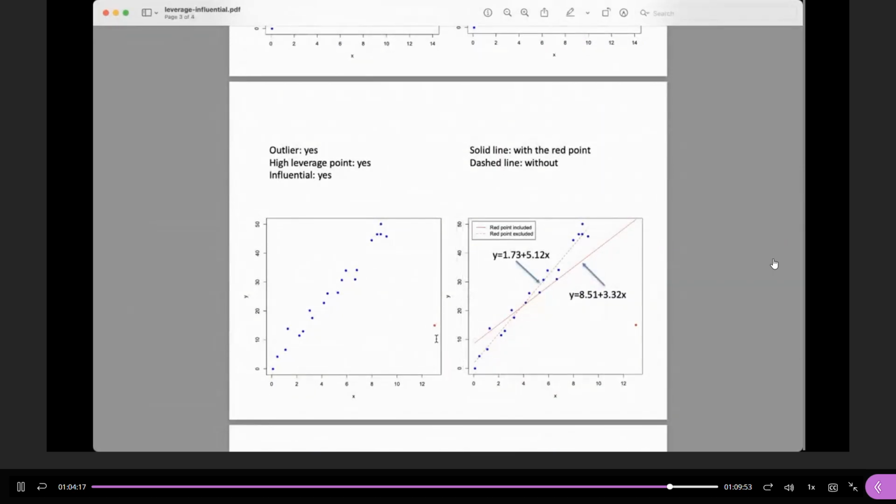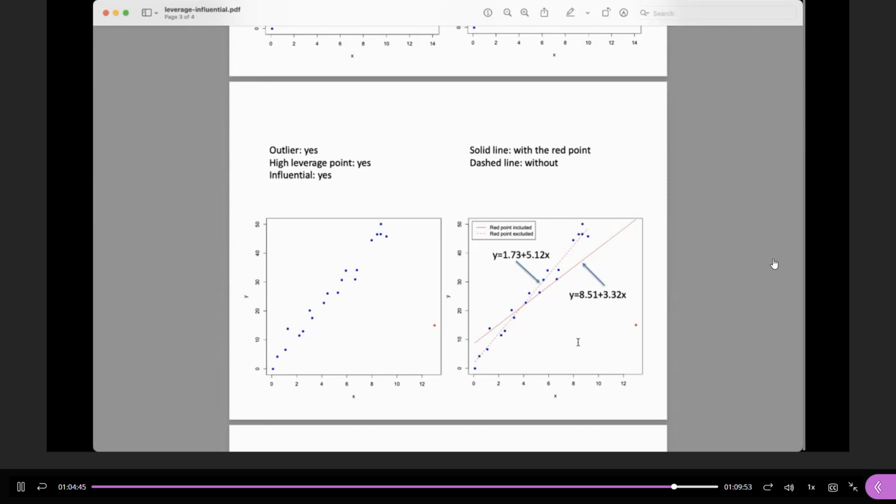Then you see this line. You see the red point here. Does it have high leverage? Yes. Very extreme in X. Is it influential? Yes. So for the data point that is extreme in both X and Y, it is influential. As you can see, the solid line is the fitted line with all the data points. The dashed line is the fitted line with this red point deleted. You can see the slope changed a lot.